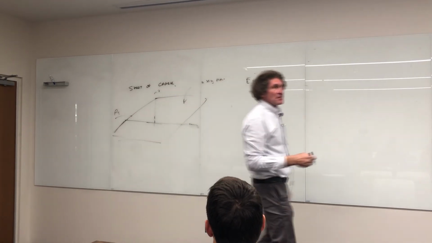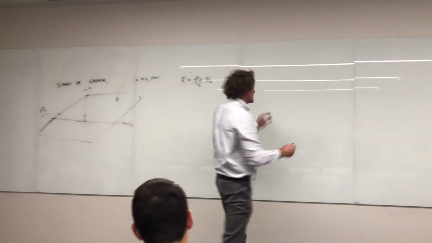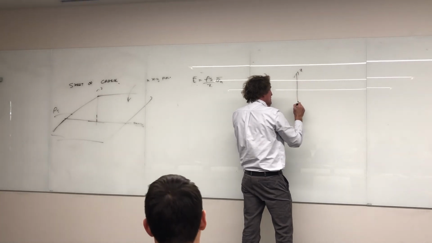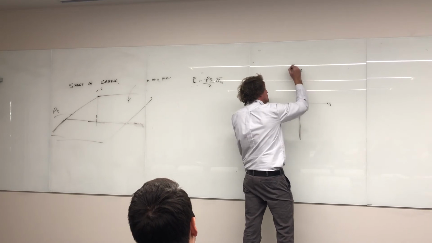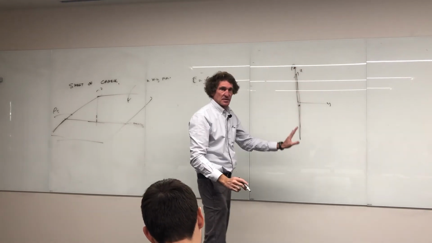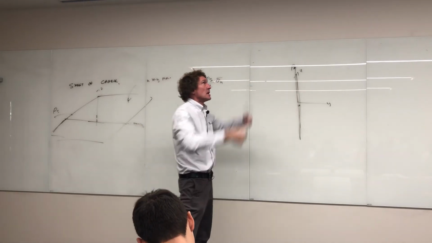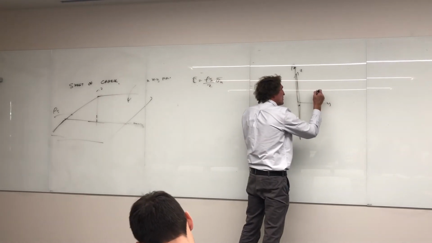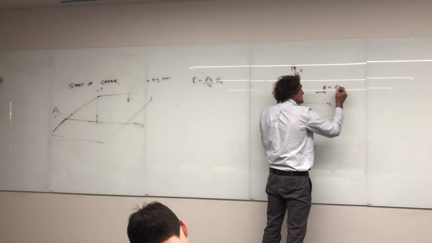If I give you an infinite sheet of charge in the xz plane, call this z, let x come out of the board and this be y. So here's my infinite sheet of charge, rho s. It's a surface, so the charge is like this, right? It's coming out of the board. It's an infinite thin sheet of charge in this direction and that direction. If I'm on this side and I want the electric field here, well, I know the magnitude is rho s, right?